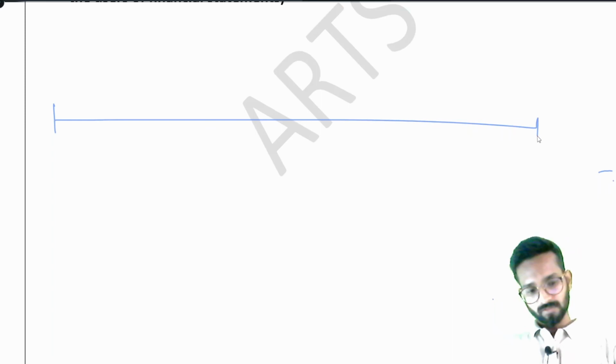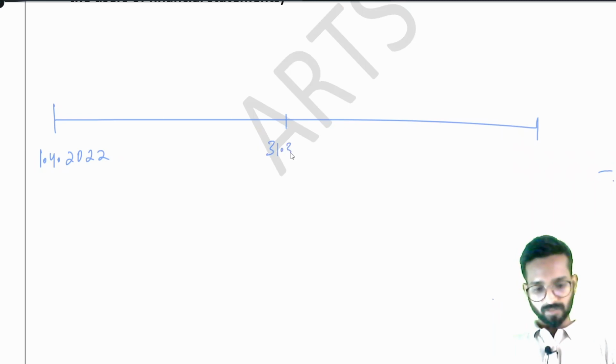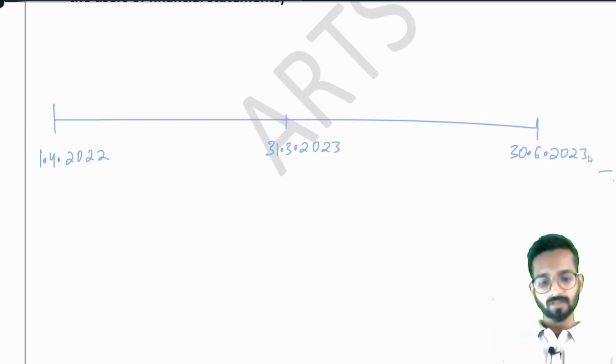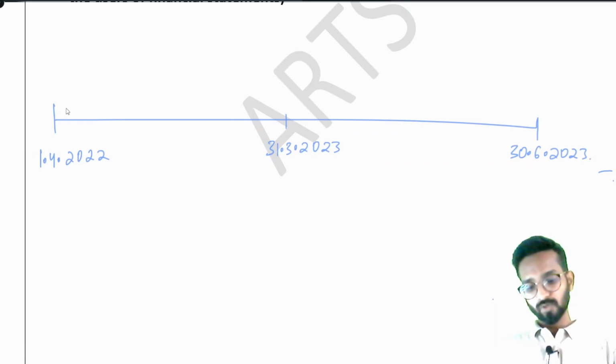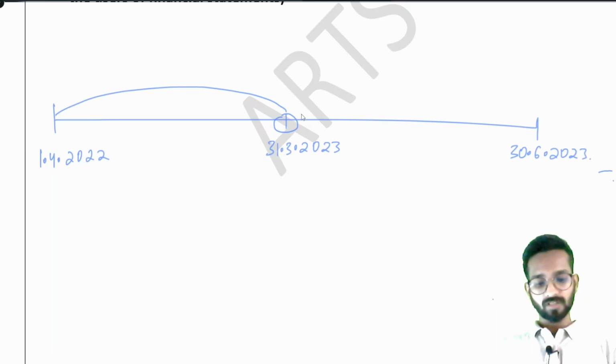Suppose this is 1st April 2022, okay. This is 31st March 2023, okay. And our financial statements will be signed, say, on 30th June 2023. He said, sir, suppose, as you said, financial statements are being prepared for 31st March 2023. I said, okay.